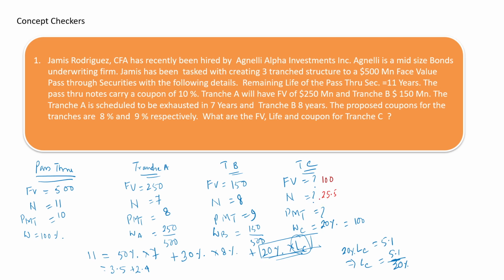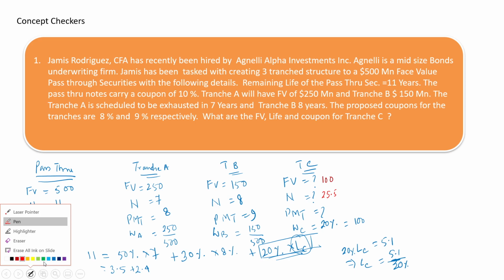We know that. And now comes the last part of the question. We have to find out the coupon that will be paid to tranche C. Well, again, that should be fairly simple. All that we have to do is, again, calculate the weighted average coupon and equate that with the pass-through securities from where it has been originated.